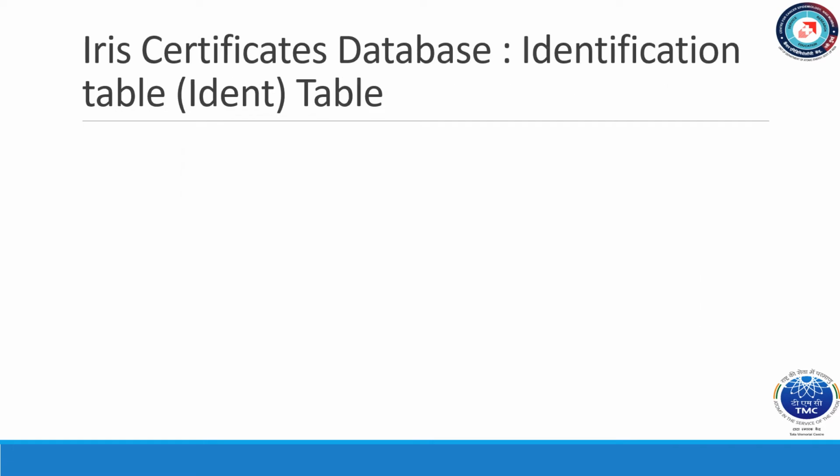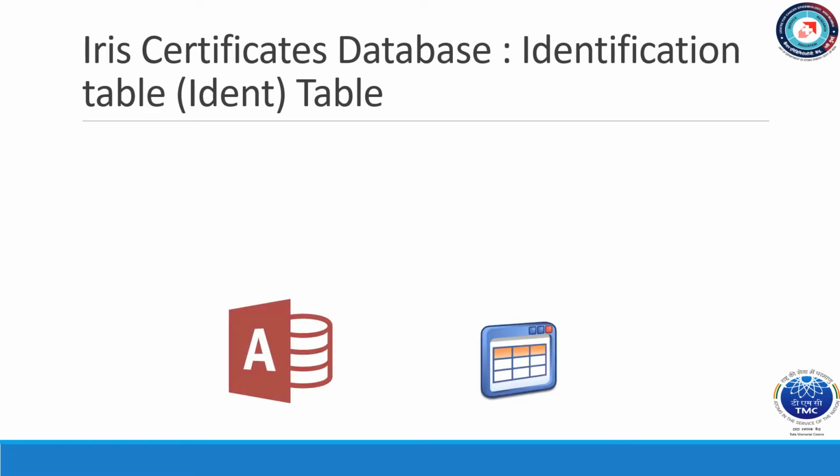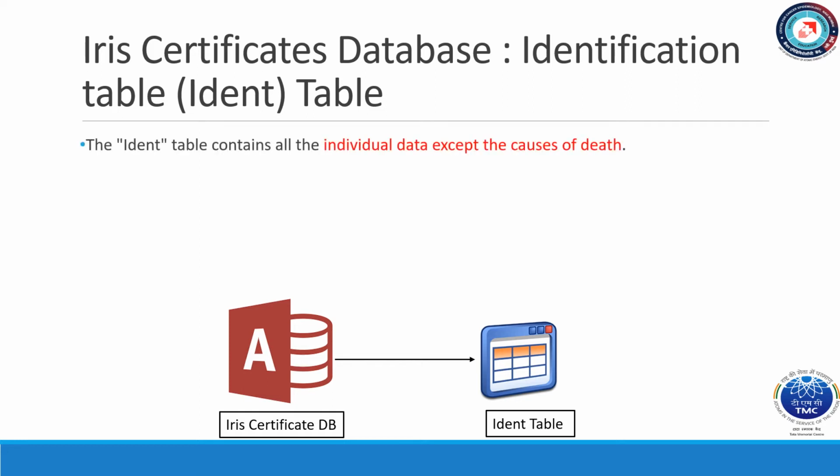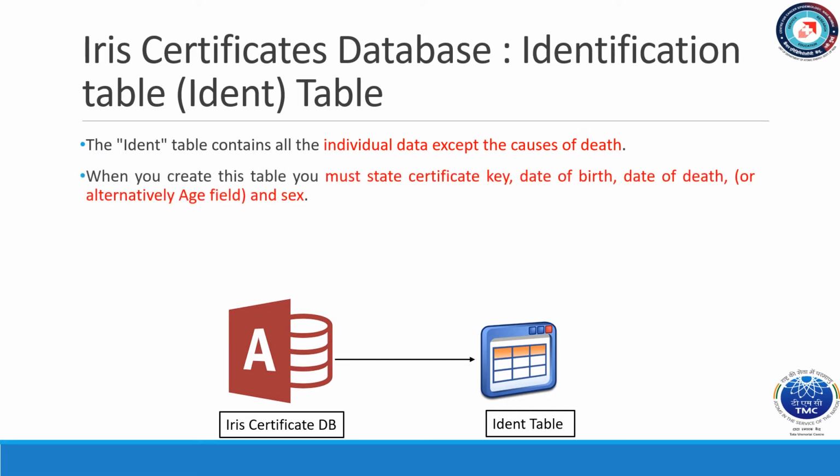Now let's know more about the first important table of the Iris certificates database, the Ident table. The Ident table is also known as the identification table. It contains all the individual data except the causes of death. When you create this table, you must state certificate key, date of birth, date of death, and sex.